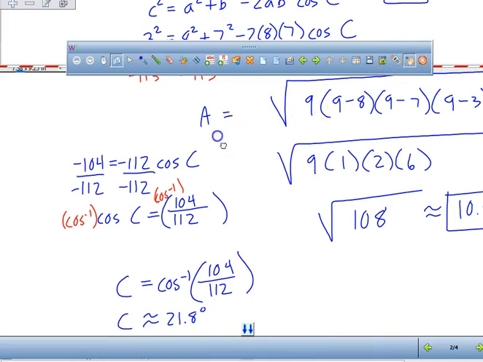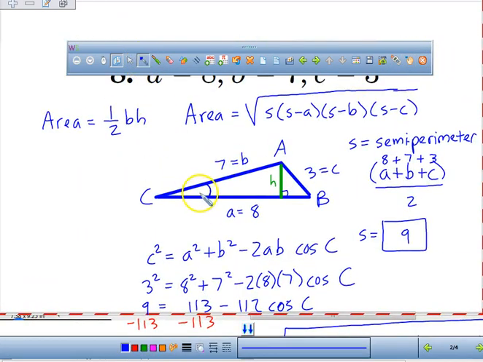Now, why do I need that? I need to find this angle right here, which is 21.8 degrees.